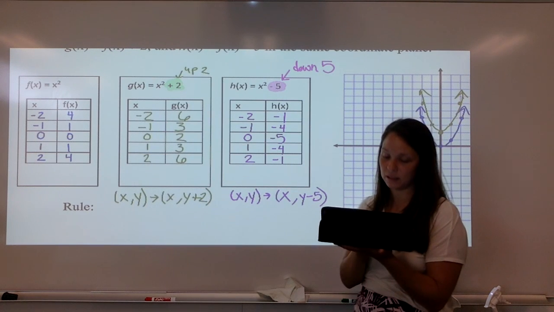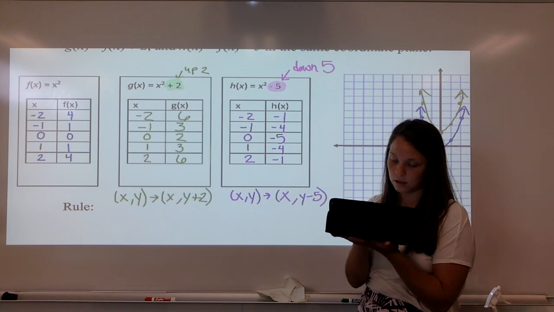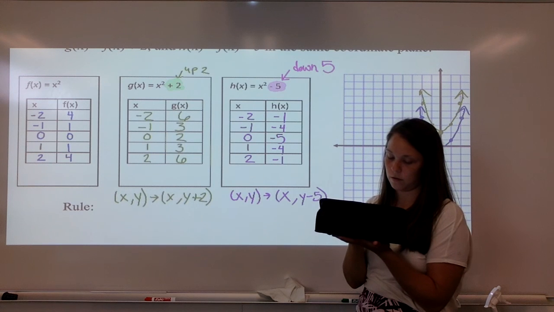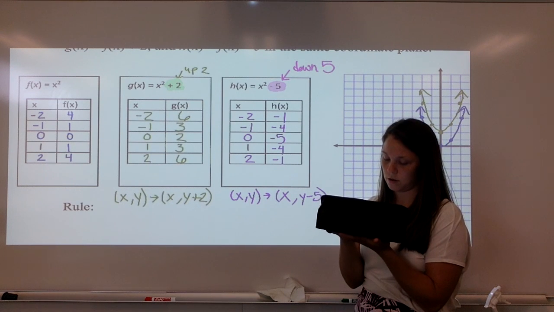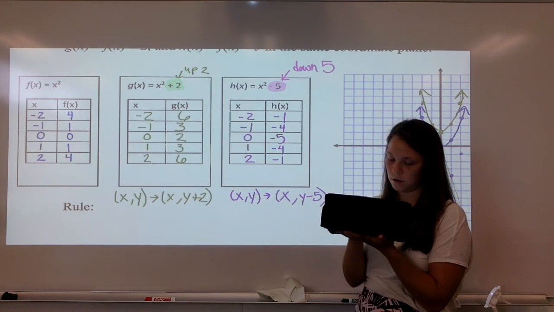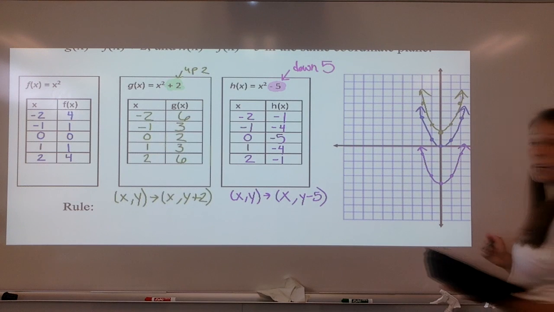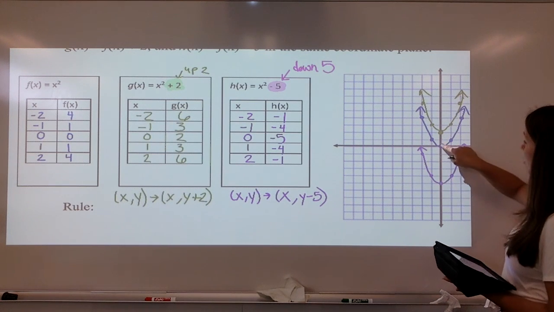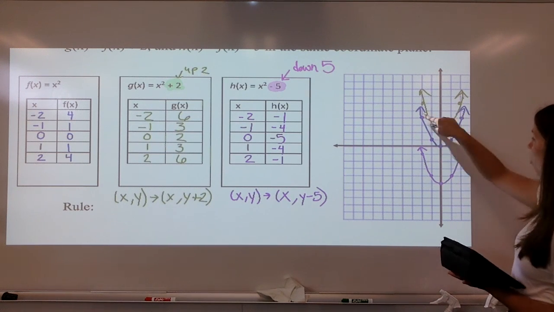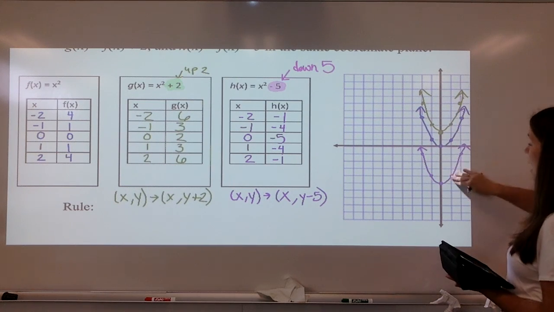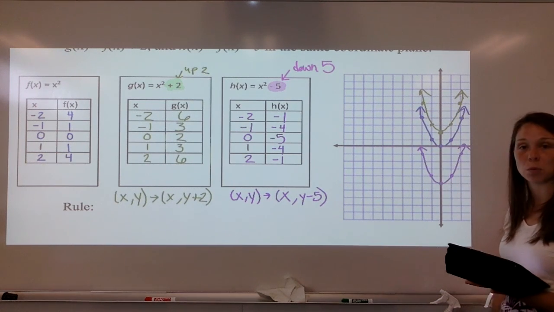And graphing these. And visually, again, you can see that we could have also taken these original blue points and just moved them all down 5 and connected them to get the purple graph here.